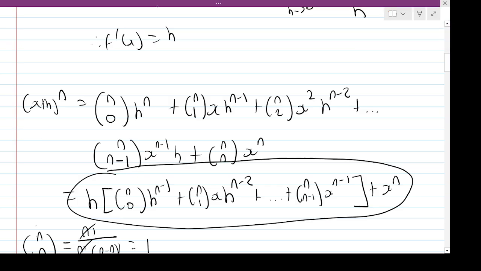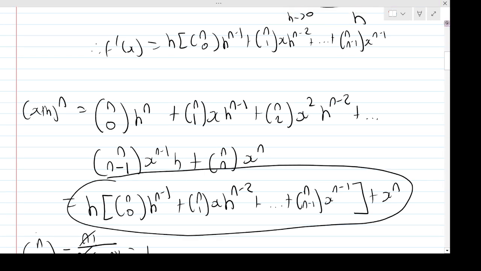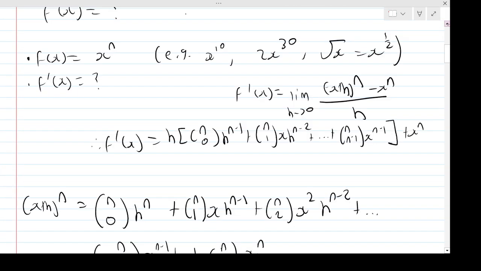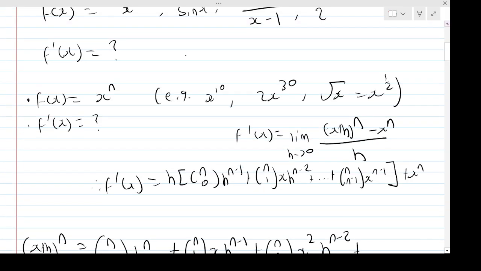So it's going to be h lots of n choose 0, h to the n minus 1, add n choose 1, x h to the n minus 2, add dot dot dot, add n choose n minus 1, x to the n minus 1, add x to the n. Okay, so that's (x + h)^n, but then I'm taking away x to the n. But actually then notice I have a plus x to the n and I'm taking away x to the n. They will cancel each other out, so actually that's it.